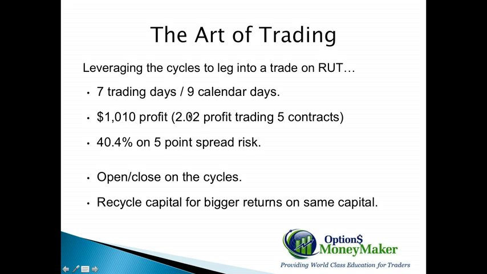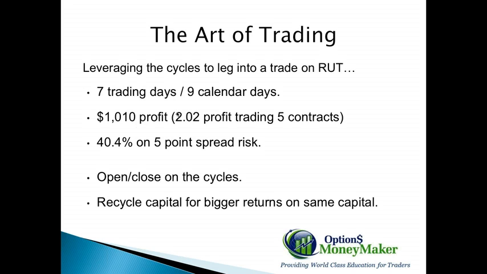Now when I take that $2.02 of profit and divide it by my gross risk of $5, the maximum amount I could lose on this trade, not taking into account the credits, the maximum amount I could have lost on this trade is $5.